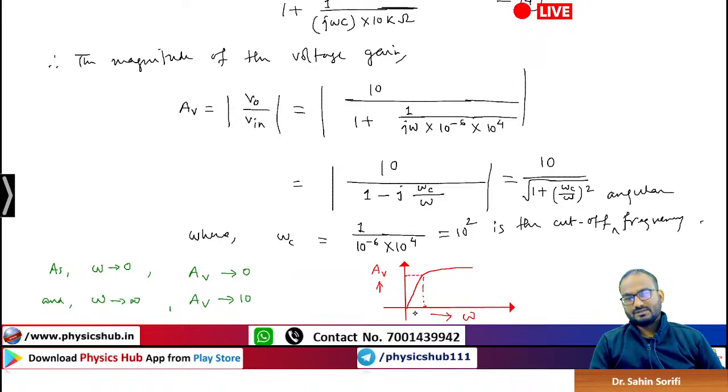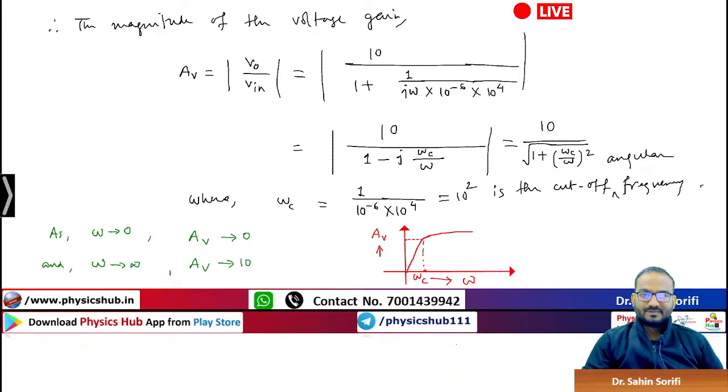You can imagine that after this omega c. So what kind of filter can you say it is? Tell me, what is this filter? High pass.